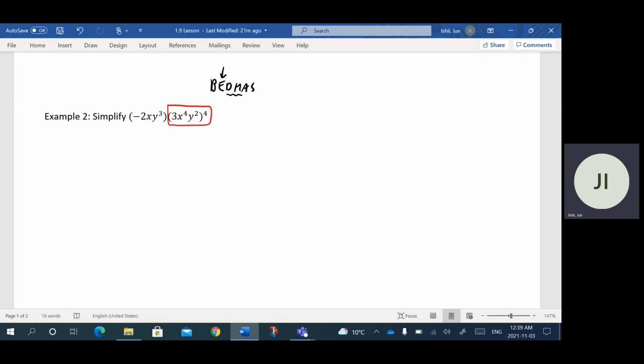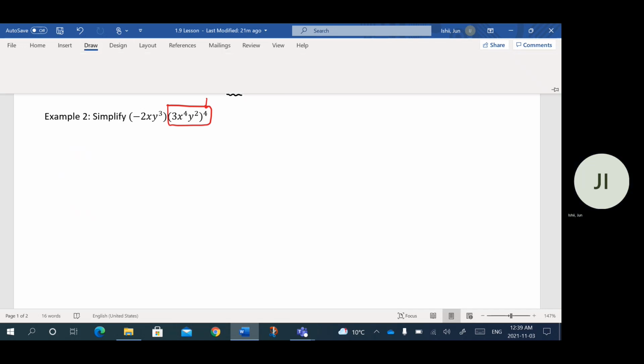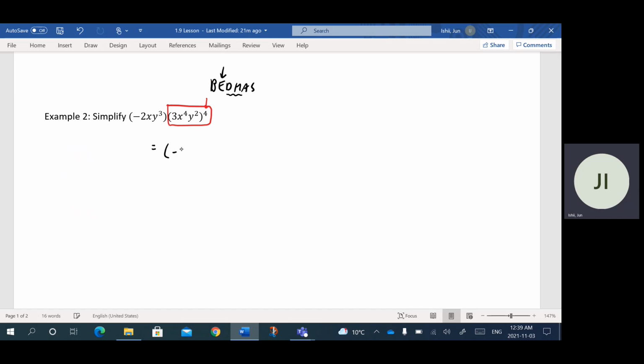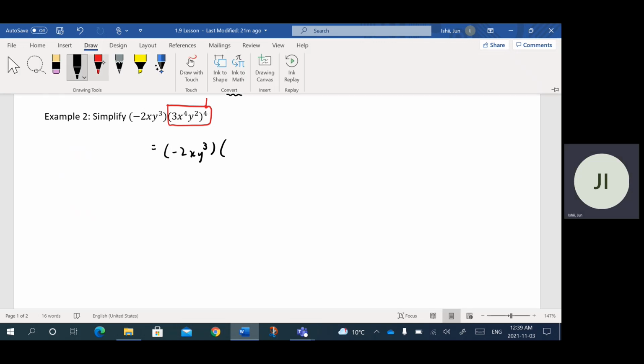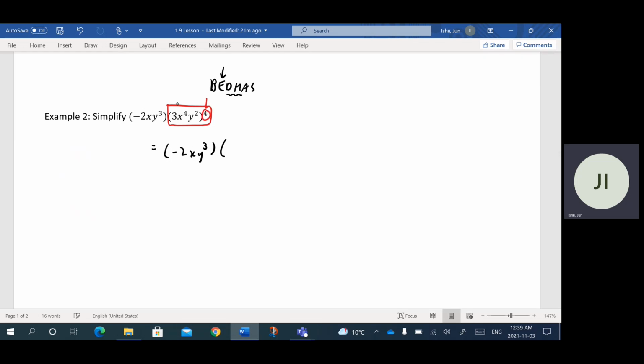I'll simplify the second one first because this monomial is being raised to the fourth power. Okay. So this is going to equal, I'm just going to write the first monomial here in the brackets. But the second one, what I'm going to do is take this 4 and raise each one of these three items in the second monomial to the fourth power.